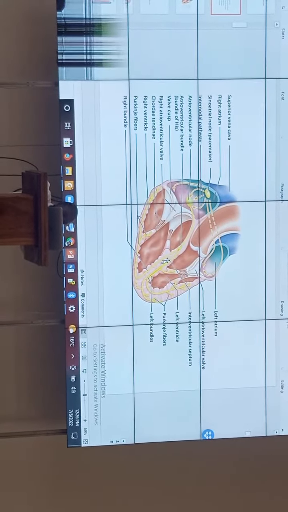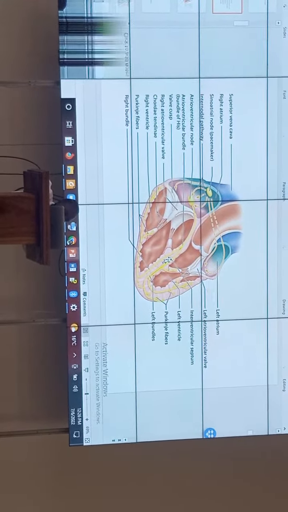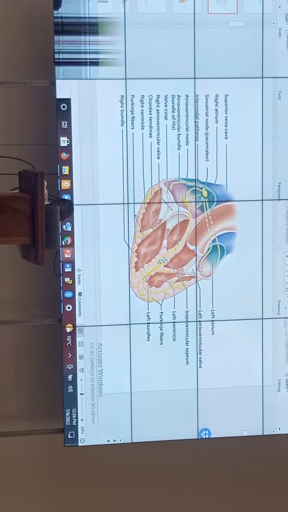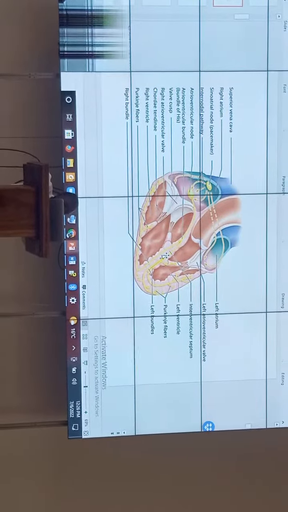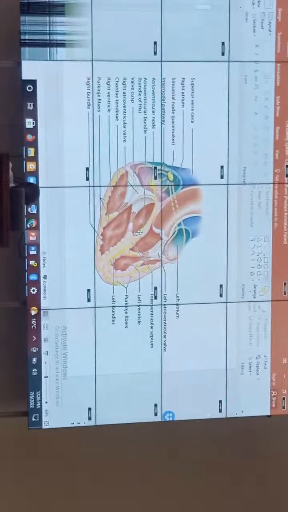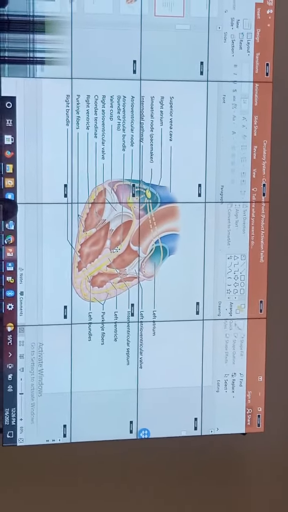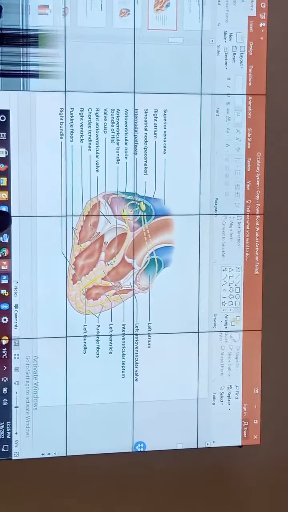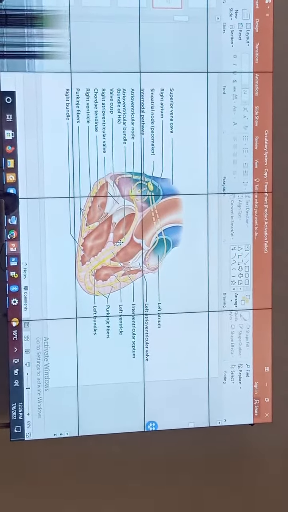interventricular septum. What structure on the surface of the heart indicated to us the location of the interventricular septum? Anybody? The interventricular groove. So if you missed my lecture on Sunday, hoping to catch up today, 0.